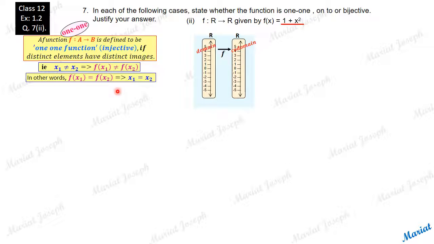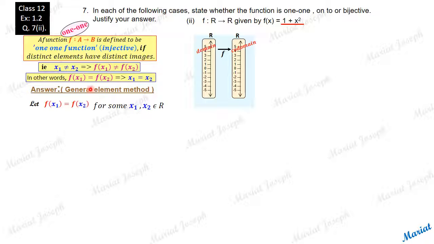In case the images happen to be equal, then the pre-images should also be equal. These are the two interpretations of this definition. Now, let's go by general element method to check whether it is one-one function. That is, I'm using the second interpretation.